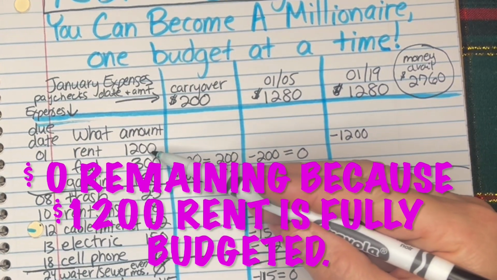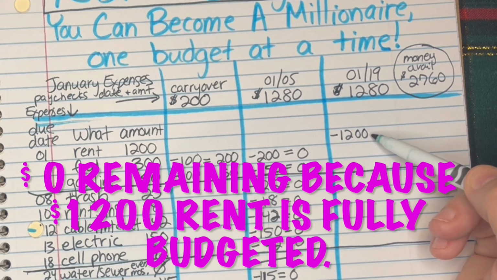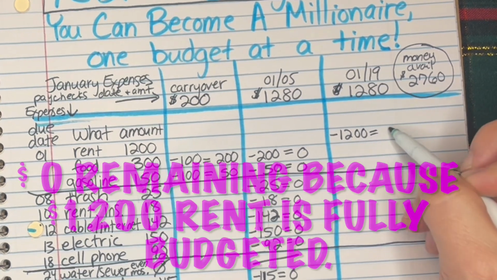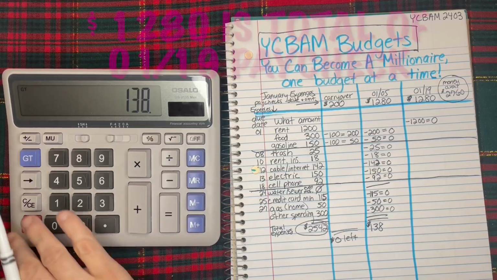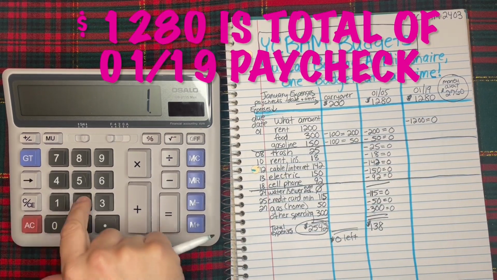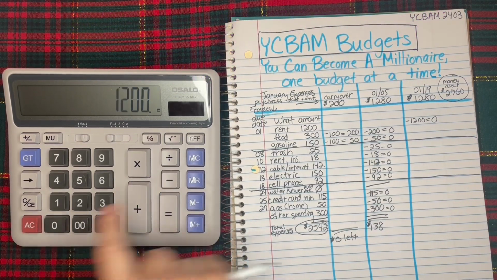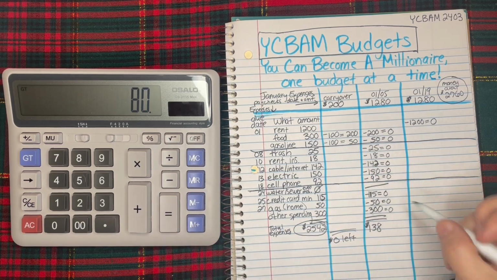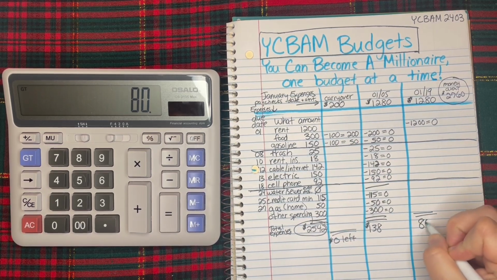So if rent is $1,200 and I'm taking $1,200 out of the 19th paycheck, there would be 0 remaining. And if we have the 1,280 and we subtract the 1,200 for the rent, there would be $80 remaining.